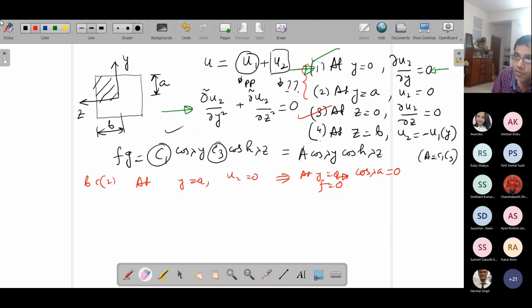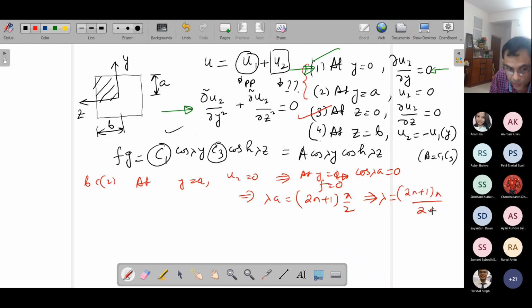So this means that we can write lambda a is equal to 2n plus 1 into pi by 2, where n will take infinite values. So lambda is equal to 2n plus 1 into pi by 2a.